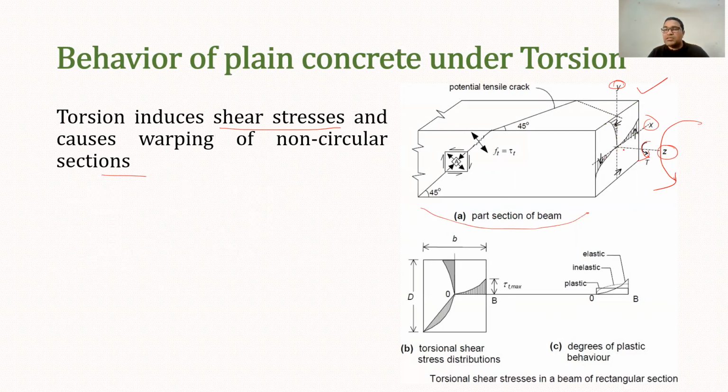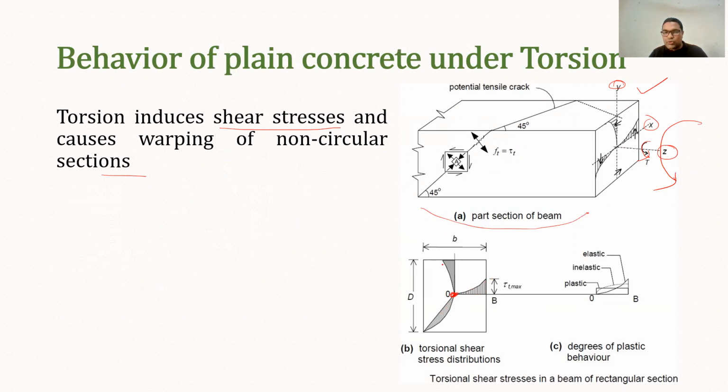It will induce shear stress, and generally shear stress will be maximum along the longer face of the beam. So in this case, you can see that shear stress distribution. Torsional effect will be zero at the center of the beam, and as we go towards the surface of the beam, it will be higher.